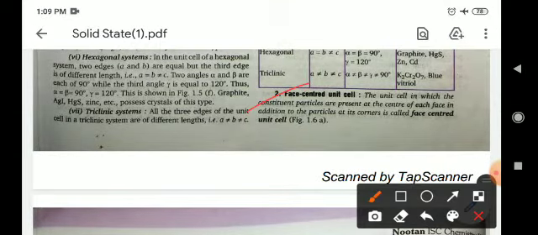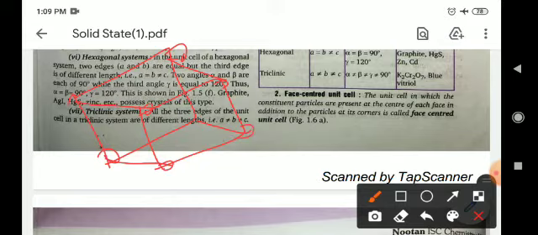Face centered unit cell. The unit cell in which the constituent particles are present at the corner and at the center of each face, in addition to the particles at the corners, is known as the face centered unit cell. In the first, the constituent particles were present only at the corners, so it was known as the simple cubic system.